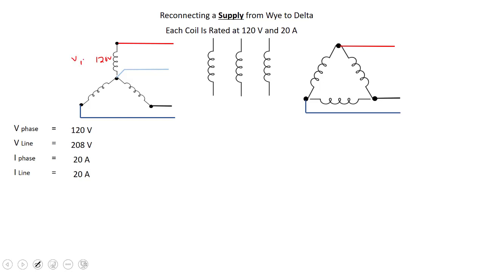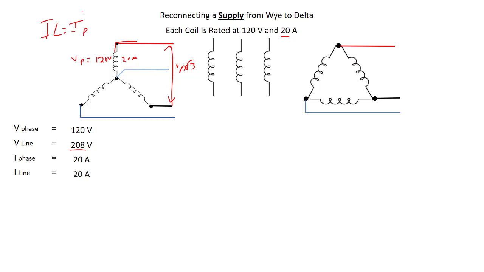So that's V phase, and we know that the line voltage is V phase times root 3, so that's how we get 208 volts. The phase current is the actual rating through each coil, 20 amps. And the line current, in Y, I line is the same as I phase.